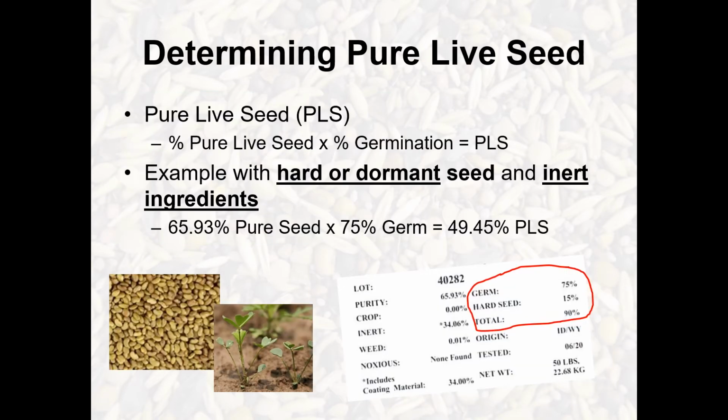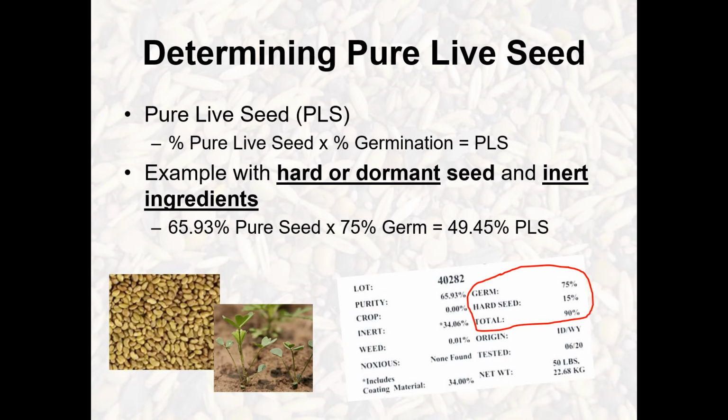Seeding rates are based on the end product. We need a minimum amount of seed. Some things affect the amount of bulk seed that is planted. In this example here, the coated seed and some hard seed will or could impact the pure live seed rate.